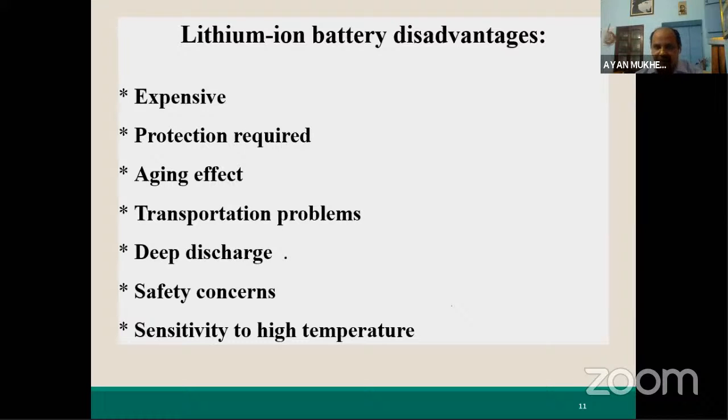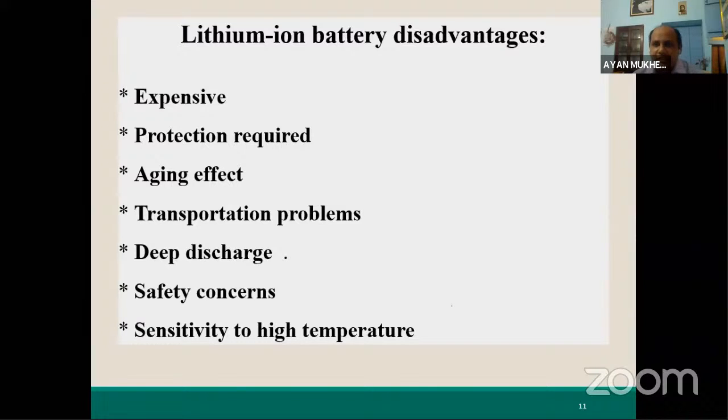Transportation problems, deep discharge, safety, all these are related to safety. So lithium ion batteries are very sensitive to temperature, so safety concern is very important in the case of lithium ion batteries. And if the protection circuit of a lithium ion battery does not work, then that is very harmful to the user.